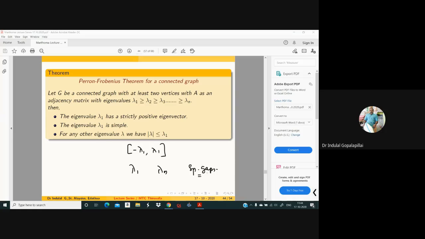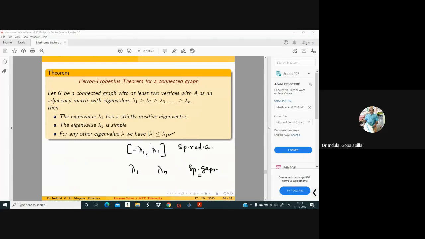Suppose a graph has a property P, then what can be the spectral gap of that? If the graph has a particular property P, what can be the largest eigenvalue lambda 1 of that? And the largest eigenvalue is also known as the spectral radius. So these types of questions can be asked. Okay.